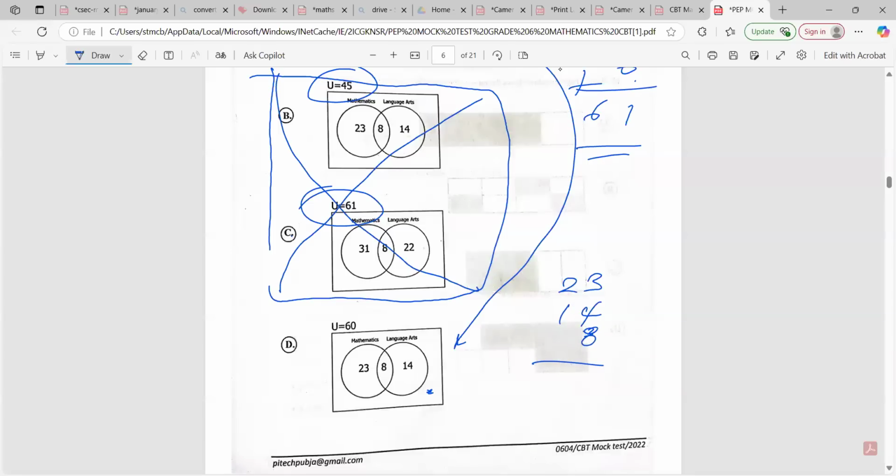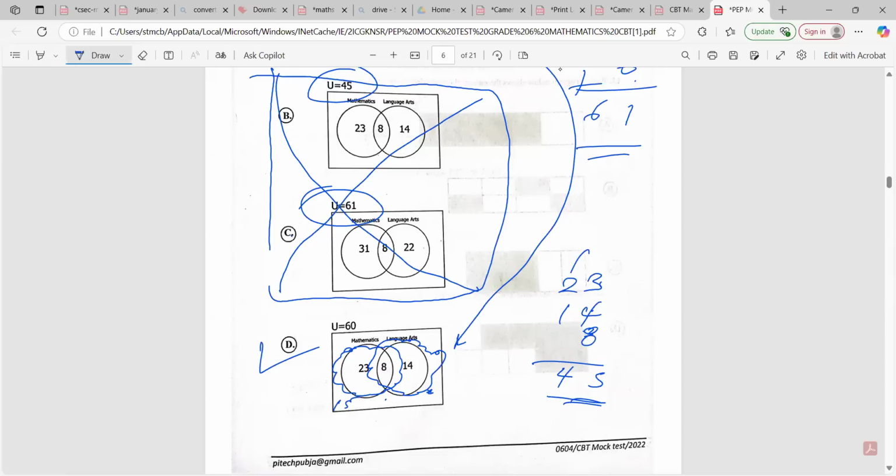So this is our 8 and 4 is 12, and 3 is 15. So it's actually 45. But if you look at it, 31 in total like maths, and 22 in total like language. It's just that they probably have 15 people outside who like neither.